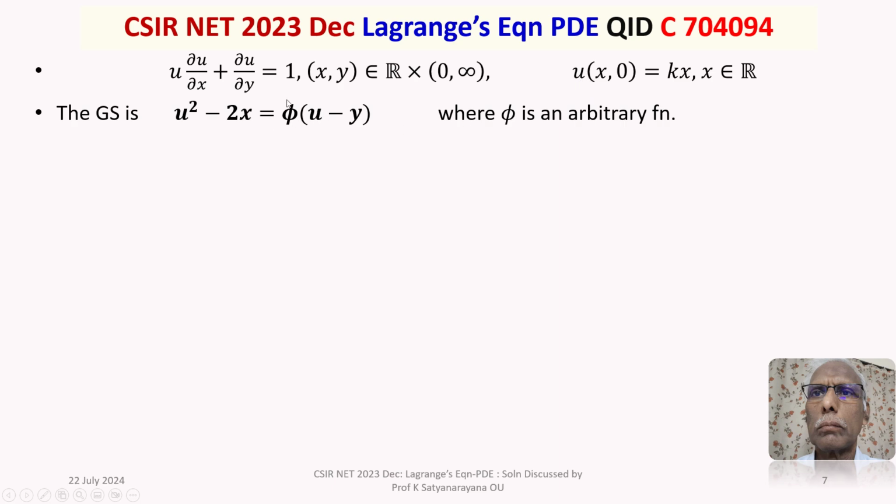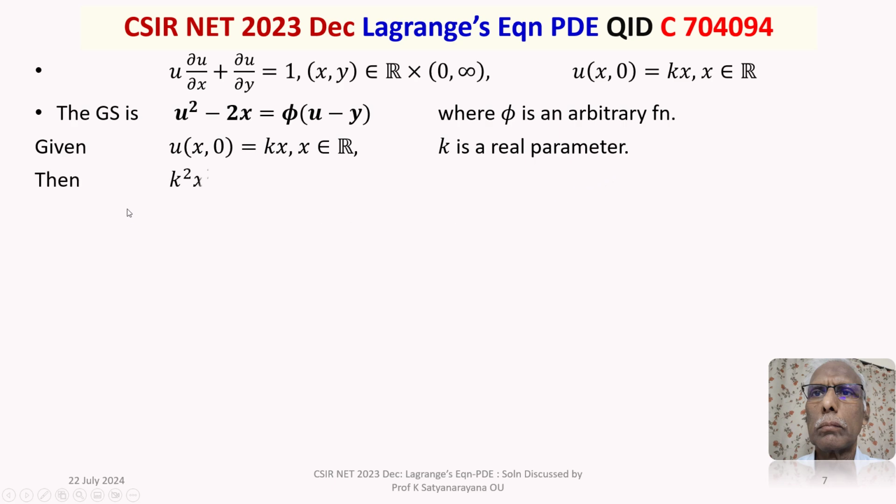Now, to know the nature of this arbitrary function φ, we use the given condition. We are given u(x, 0) = kx, x belongs to R. That means you put y = 0 and u = kx, where k is a given real parameter. Then (kx)² − 2x = φ(kx − 0), that is k²x² − 2x = φ(kx). Now put kx = t.